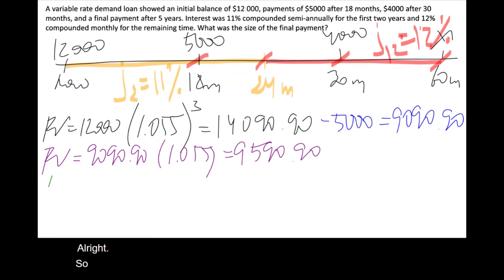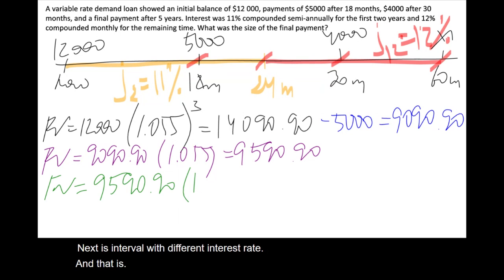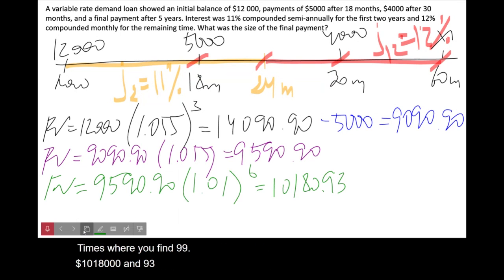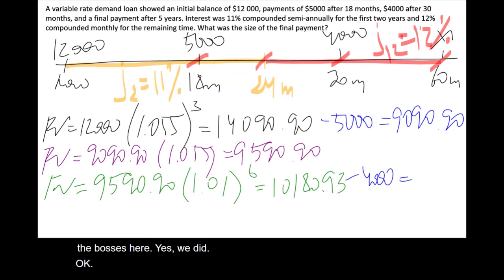Next is the interval with a different interest rate, 12% monthly, 6 months. The result is $10,180.93. Did we have any deposits here? Yes, we did, so 6,180.93. So far, guys, are you with me? Any questions?